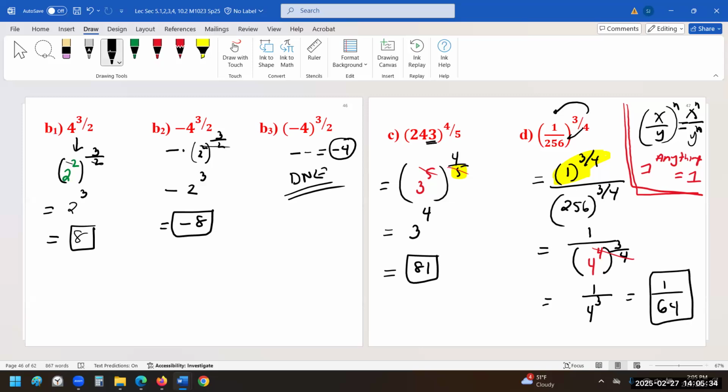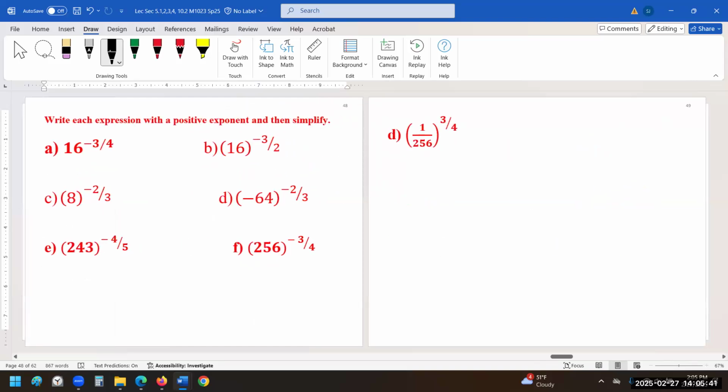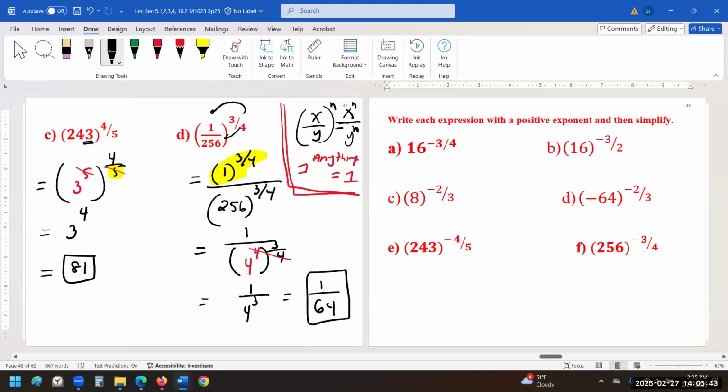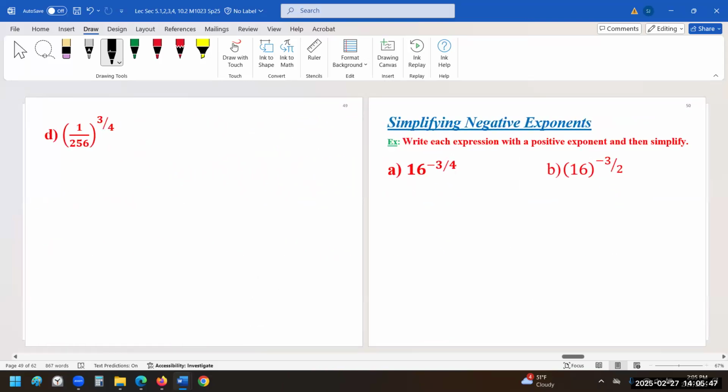Try doing it by yourself and then check the answers. Okay, the next ones. Okay, so 16 to the negative 3/4. If you want to get rid of the negative fast, you turn it into a fraction: 1 over 16 to the positive 3/4.